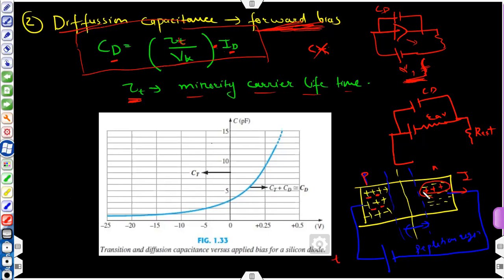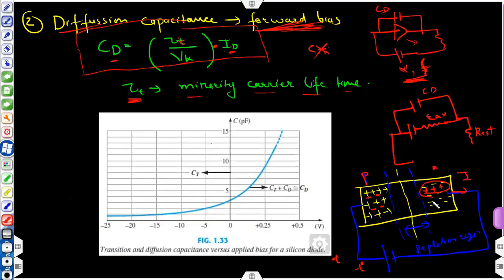Similarly, these holes will be present in the N-type region for some time, say t prime. Now what will happen? Because there are many electrons available on the N side, say hundreds and thousands of electrons and one or two holes that got entered, since a large amount of electrons is present, they will capture the hole.